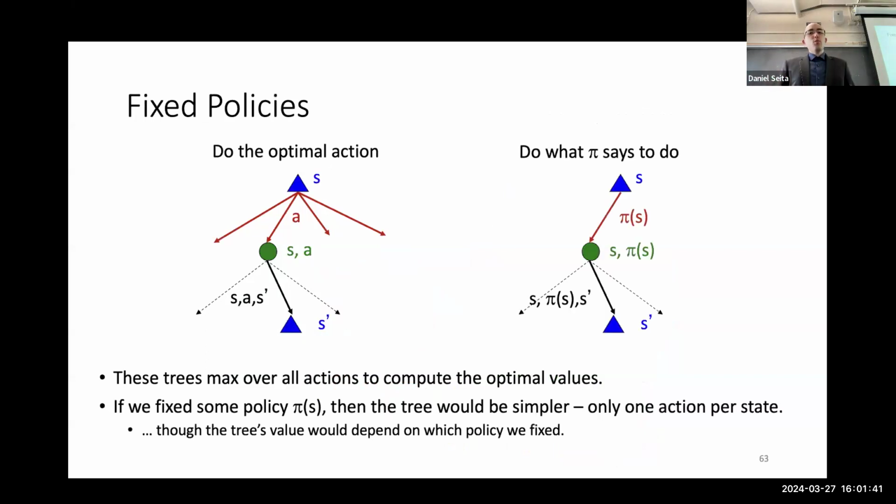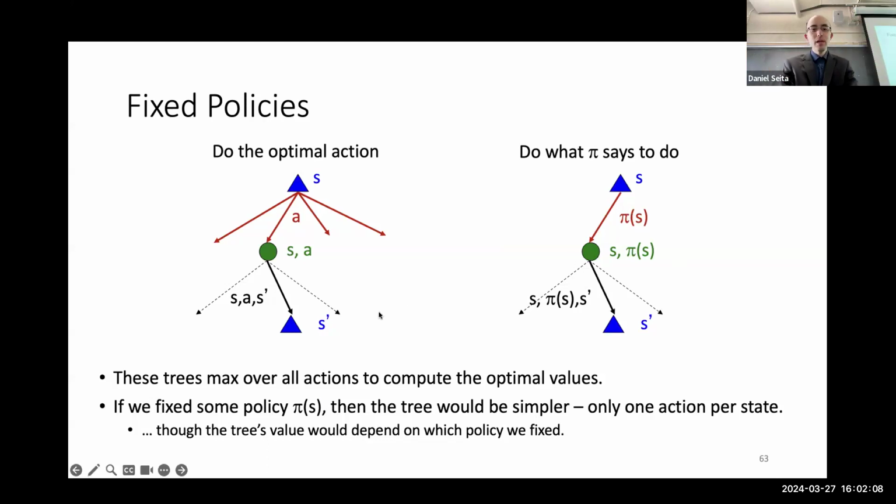Remember, we also talked last time about those trees that show the effect of a state represented by the triangle. You go down the tree by picking an action. In the second case here, it's picking the action that corresponds to the policy, so pi of state S is the action.